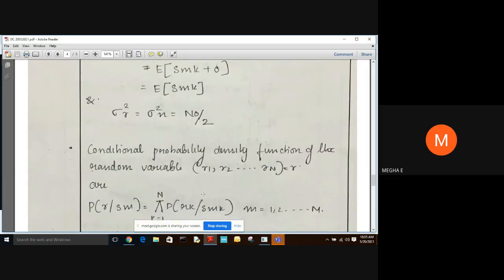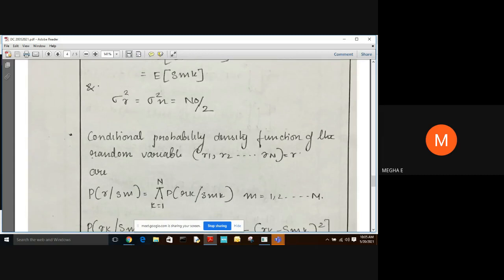Now we are going to find the conditional probability density function of this random variable. Since the noise components are uncorrelated, the Gaussian random variables are also statistically independent.